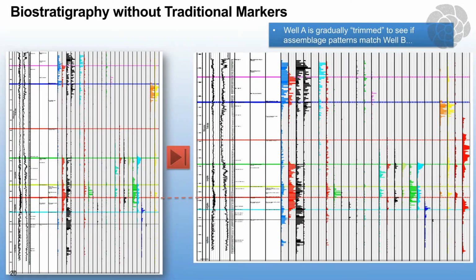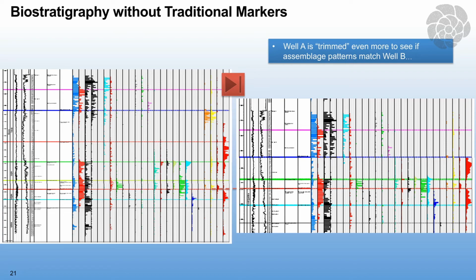So what he did was gradually trim the section from well A, that taller section, to see if he could get it to match the section from well B, because theoretically they were drilled close together, so they should be correlatable. He's making an effort here to trim well A to see if he can get it to match. So here's the original section. He trims off some excess that he didn't see in well B, so he gets here.